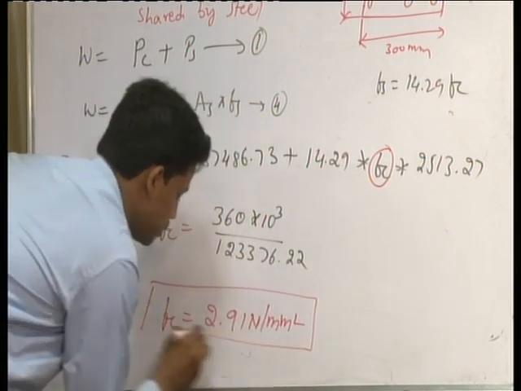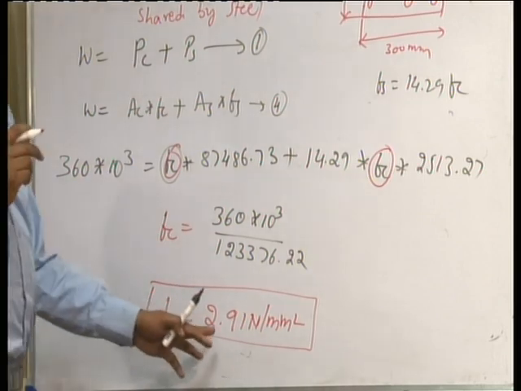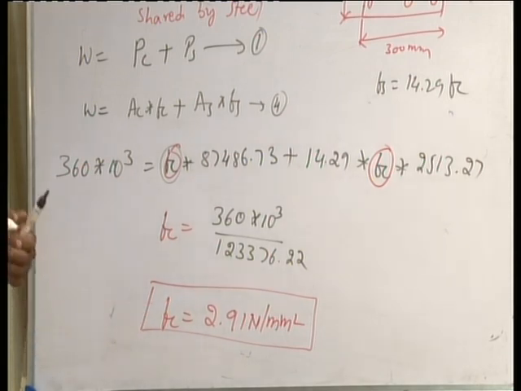Fc, that is the stress in concrete, is 2.91 Newton per millimeter square.